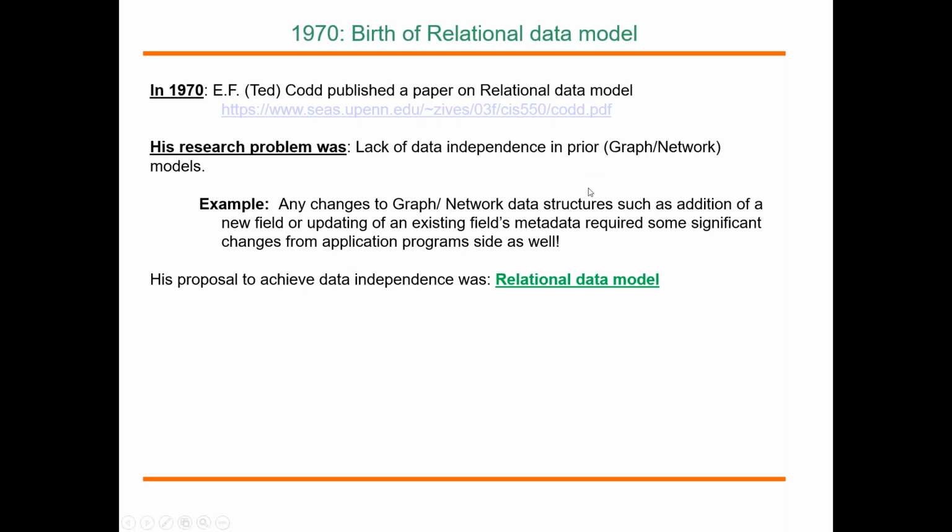So the changes on the data model side were not hidden from the front-end application. That was the research problem he took, and the solution he suggested was the relational data model. In the relational data model, there are tables, tuples, attributes, constraints, and normalized data. That's altogether a different subject.